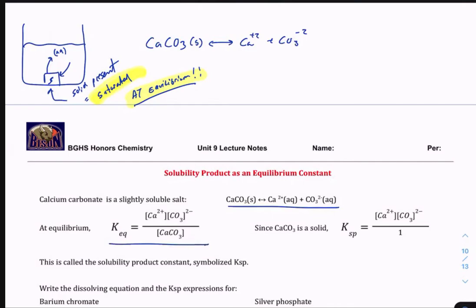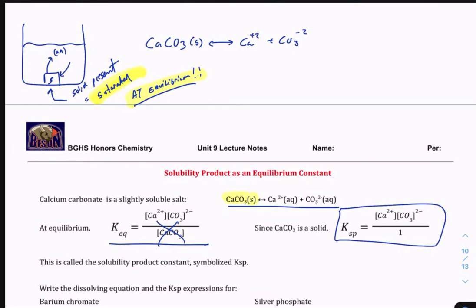But here's the problem. This is a solid. Calcium carbonate is a solid, right? And you know that solids cannot be expressed in an equilibrium expression. So therefore, the equilibrium expression now becomes this. And the term is no longer KEQ, it's called KSP. SP stands for solubility product.